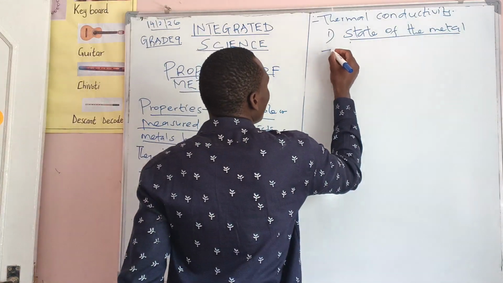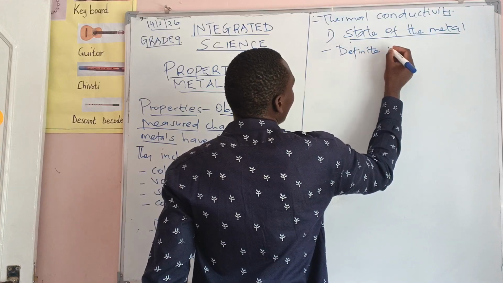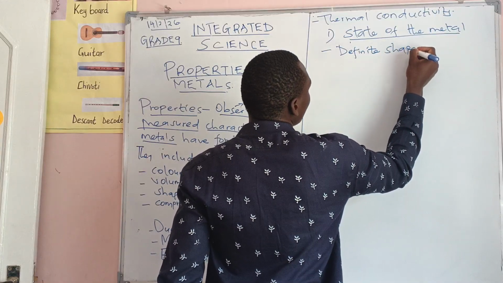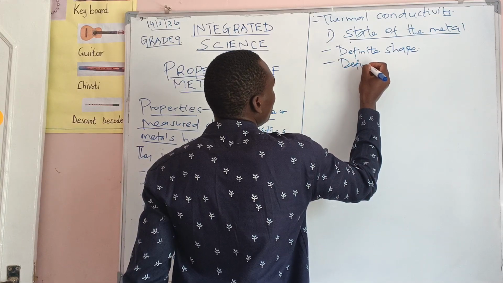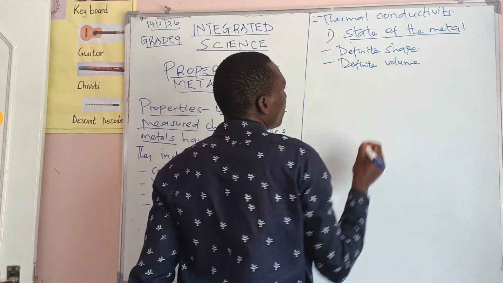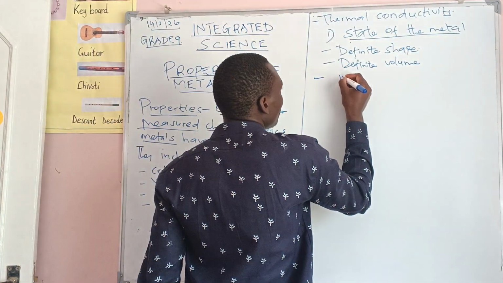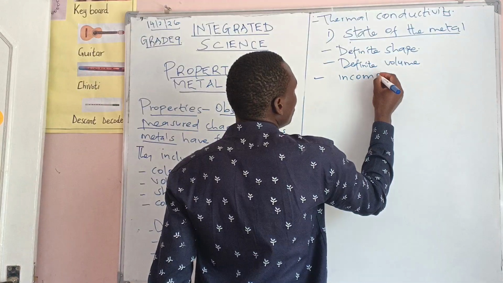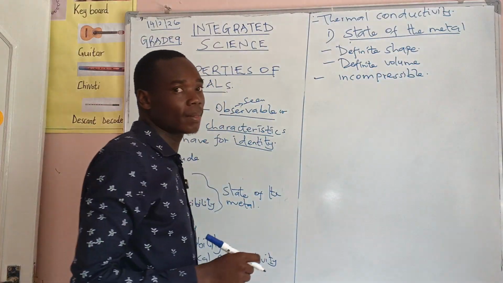Metals have a definite shape, a shape that can be defined. This was taught in grade 8. They have a definite volume. And when you try to compress any metal around you, you will realize that they are incompressible.